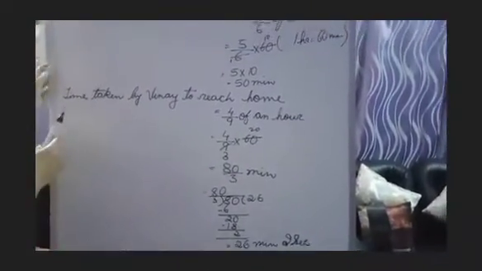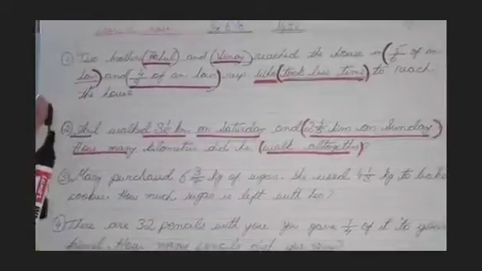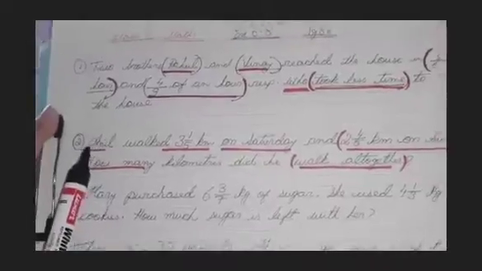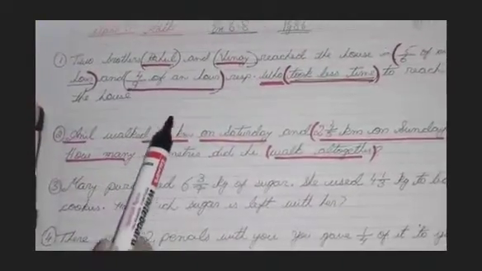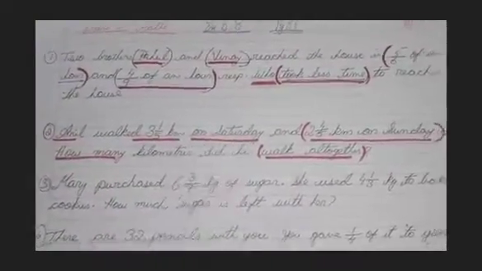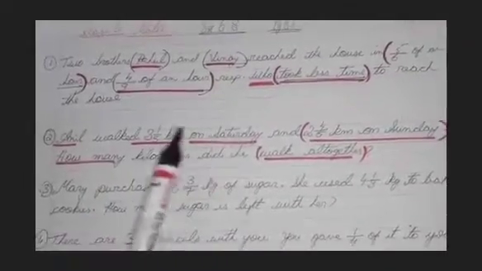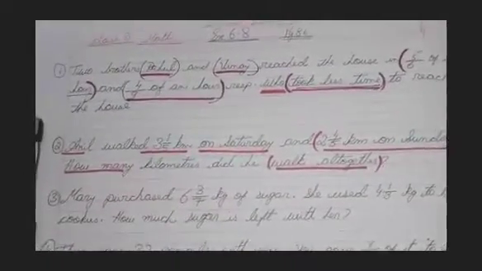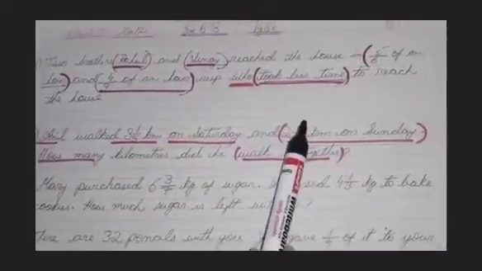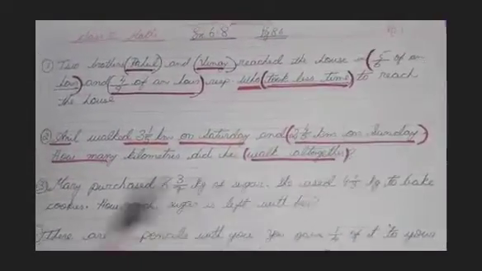Now let us do problem number 2. Now 6.8 number 2. Look at the question. Anil walked 3 1/5 kilometers on Saturday. So how much does he walk on Saturday? 3 1/5 kilometers. And 2 4/5 kilometers on Sunday.